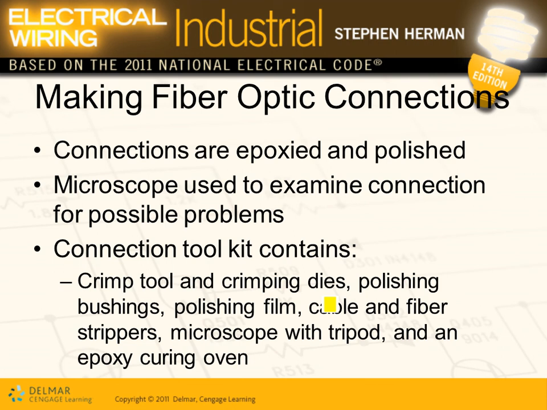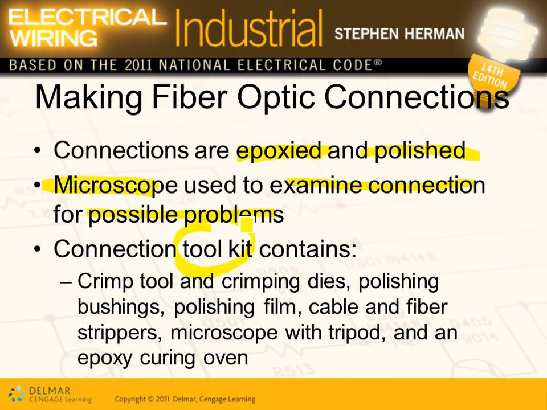When you do the connection, Adam, what they do, connections are epoxied. They are epoxied and polished. So they use microscopes to examine the connection for possible problems. So they have a lot of tools, guys, to make sure that they are aligned properly and terminated properly. Connection toolkits. The most important thing is the toolkits that you have.